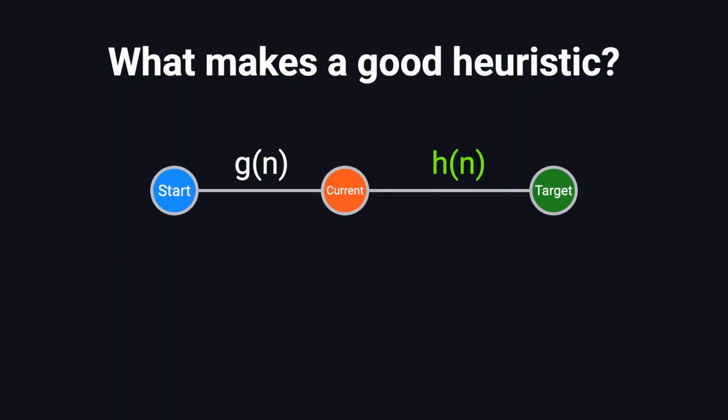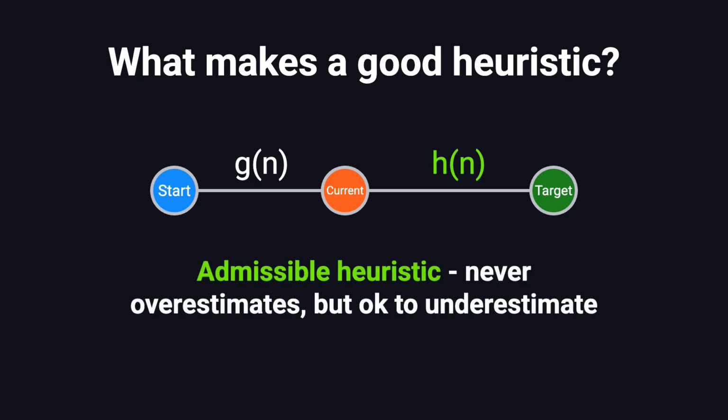At this point, you might be wondering: how well A* performs really depends on the heuristic we choose. So what makes a good heuristic? The rule is actually pretty simple. We want our heuristic function, usually written as h(n), to estimate the distance from any node to the goal as accurately as possible, but with one important constraint. It must never overestimate the true cost.